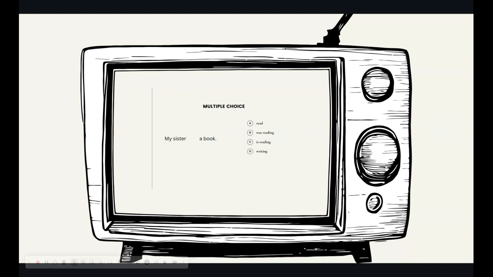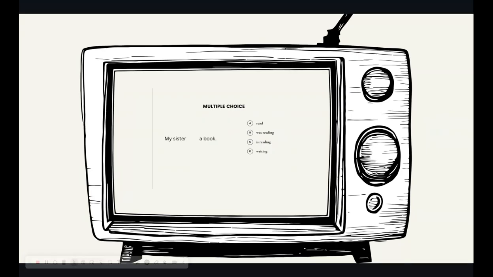And sometimes with a multiple choice test, the student recognizes the answer but may not understand the concept. So again, I'm not reading the slide, I'm talking about the slide.